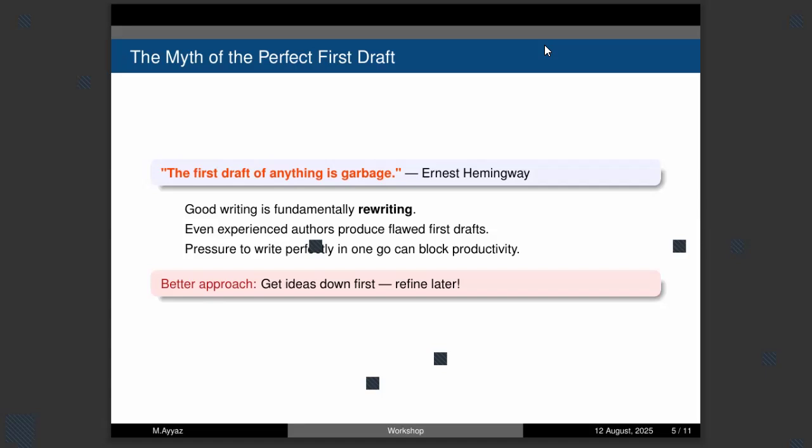So the first draft could be shitty and could be complete garbage, but your third, fourth, or sometimes sixth draft could be an incredible work. So rewriting is a very efficient tool in order to make our research work quite impactful. A better approach is to get ideas down first, then refine later.